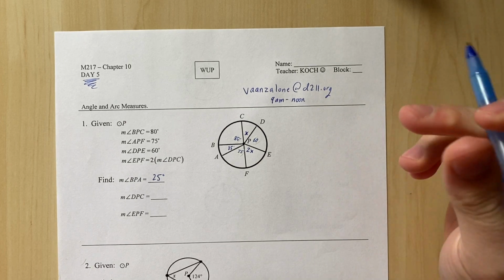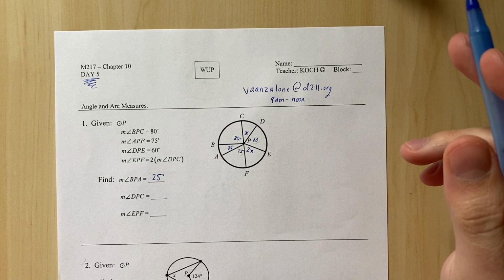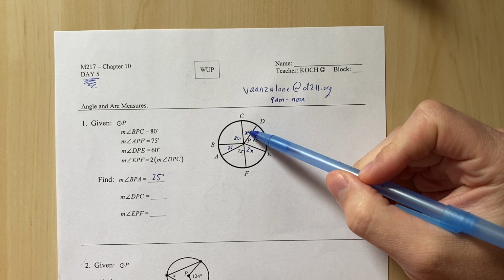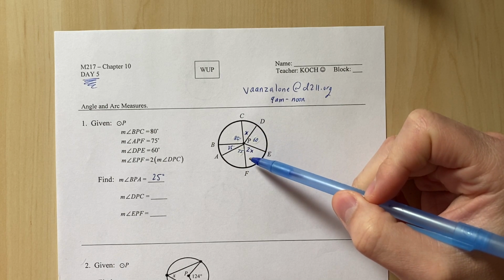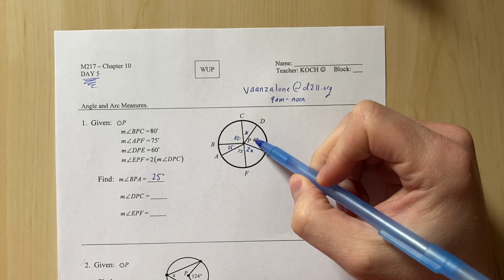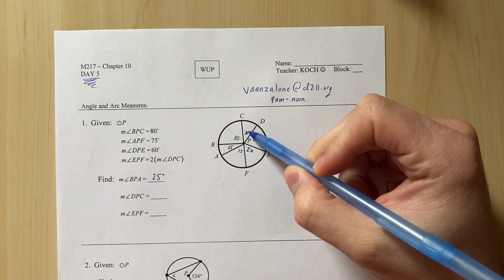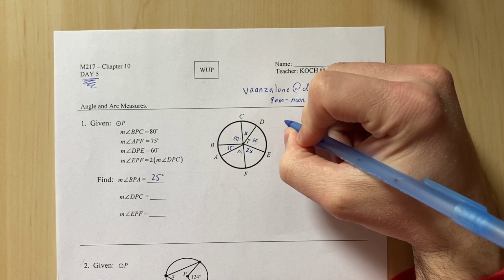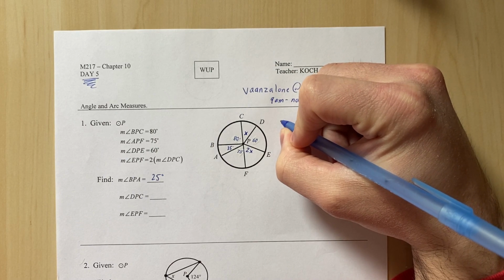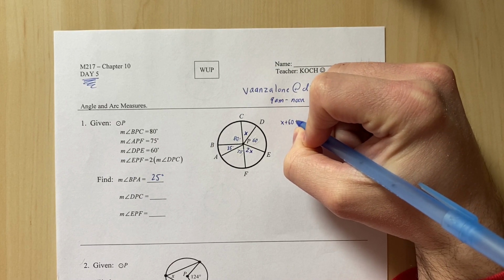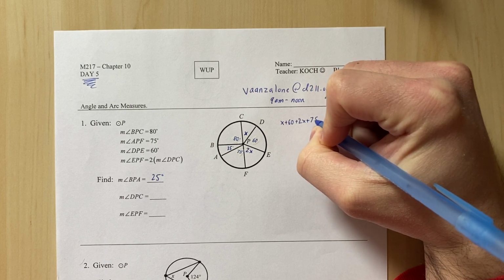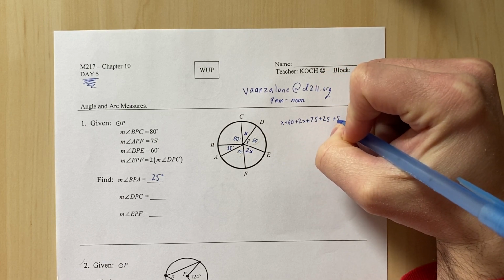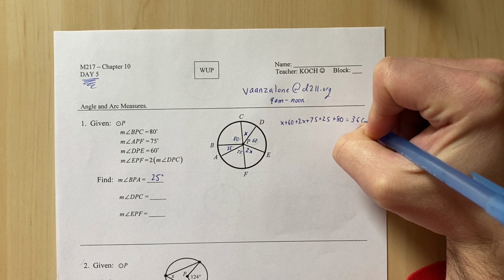Now we have to find what angle DPC is and angle EPF is. If you think about your picture, I now have every angle in the whole entire picture. Every angle in a circle adds up to 360. So my equation would be x plus 60 plus 2x plus 75 plus 25 plus 80 equals 360.